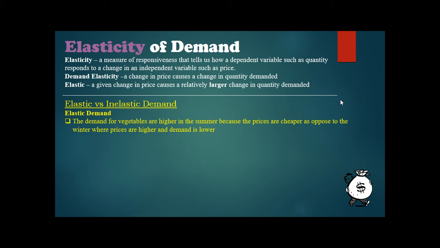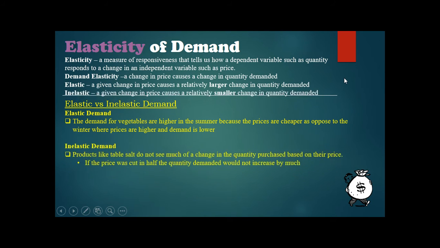So that is going to be an example of an elastic demand. And that's going to be just having a really big change. So if you think about it, something where if the price goes up just a little bit, then the demand is going to go down a whole lot. Or if the price goes down just a little bit, the demand is going to change by a whole lot. So these are things that have a very high variance in demand.